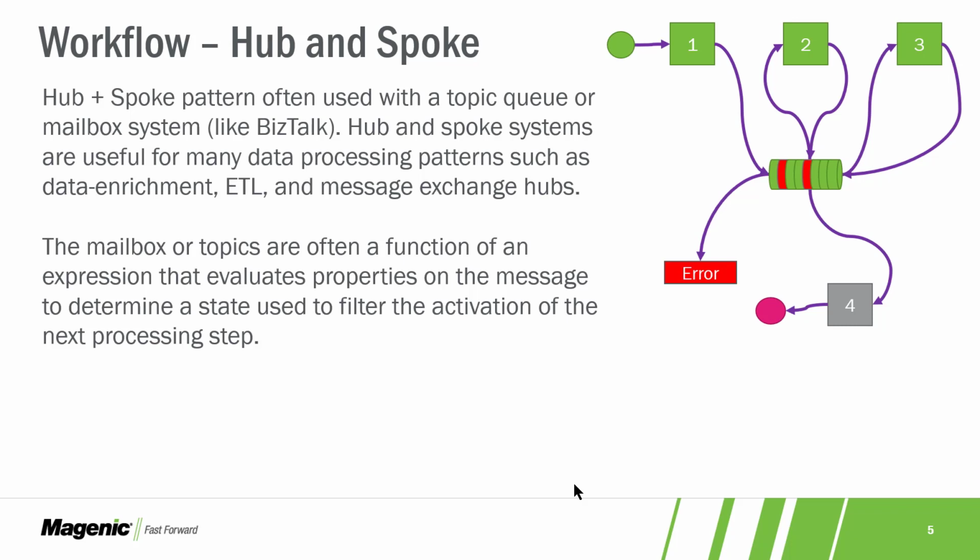So a couple of things here. One is you have to make sure that the actions on the messages are mutually exclusive. And again, you can assign a finite state machine or a route number or something to make that so. But the advantage is that it's very easy to snap in additional processing steps as long as you're careful. These are often used for data comes in, data comes out kind of workflows.